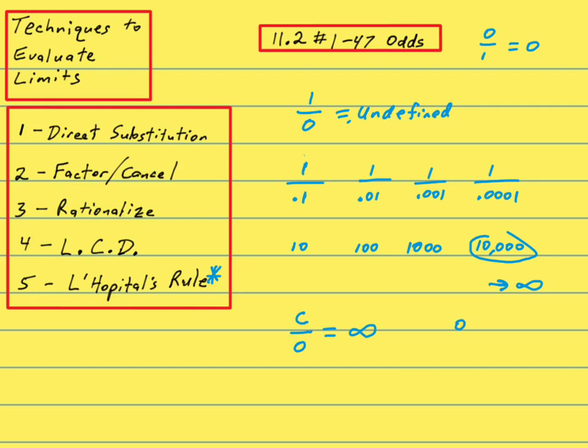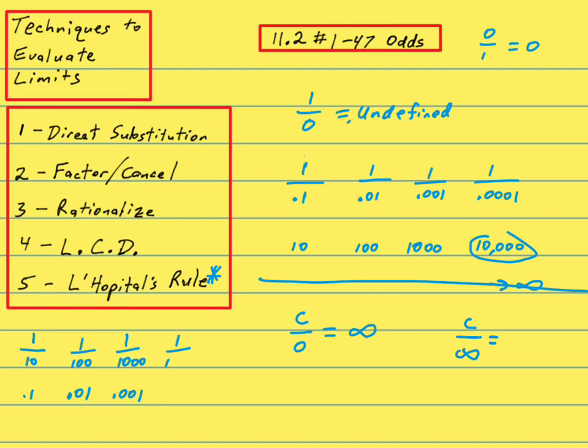and, well, let's do a constant divided by infinity. What would be a constant divided by infinity? Let's do 1 divided by a big number. That's 0.1. 1 divided by a bigger number, 0.01. 1 divided by 1,000 would be 0.001. 1 divided by 10,000 would be 0.0001.